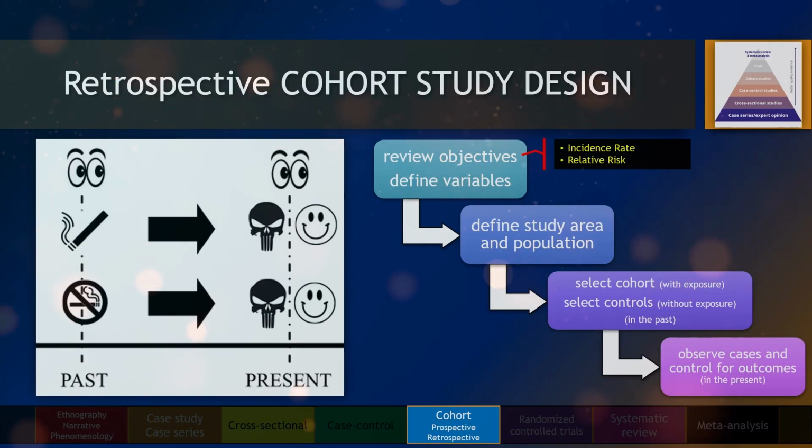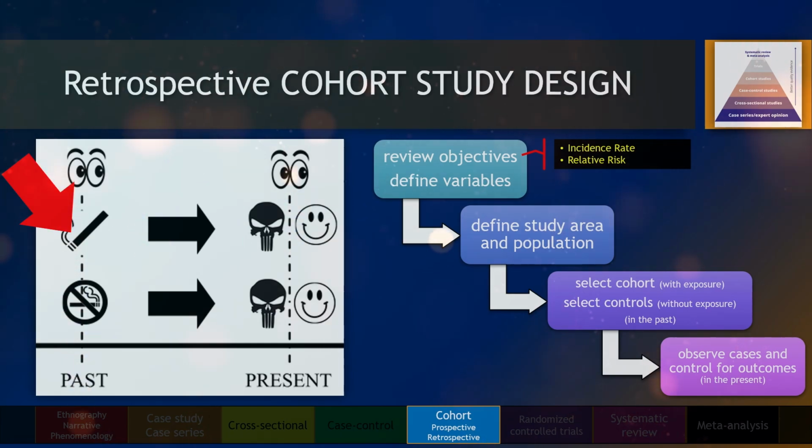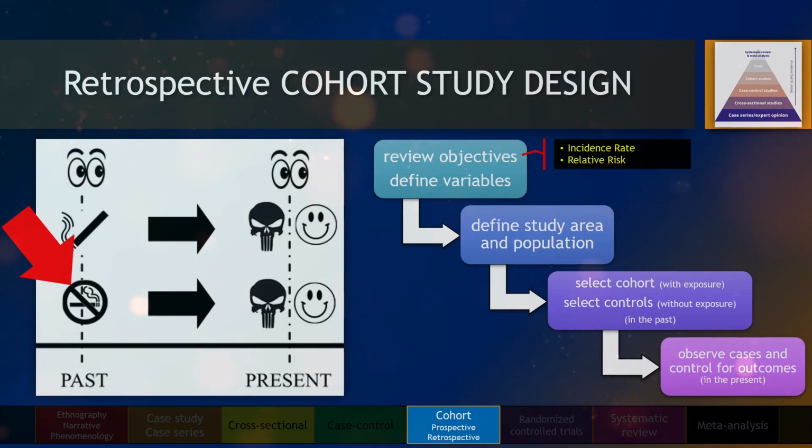You do this by looking at their past records. First, you look for records with the exposure of interest, then assign these in the cohort group. Next, you look for records with similar characteristics as the cohort group but without the exposure of interest, then assign them as the control group. Again, at this stage, you should not yet know whether any of your samples develop the outcome.